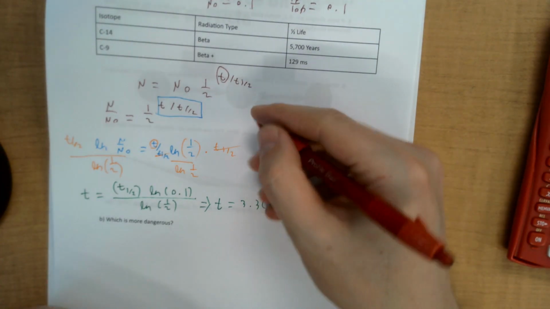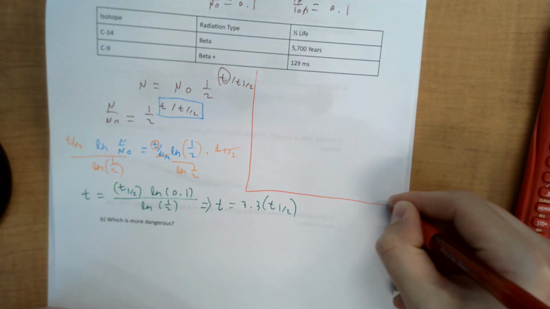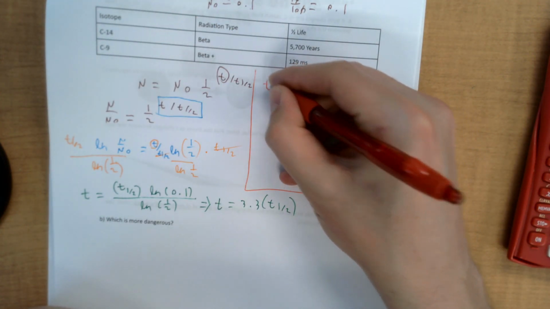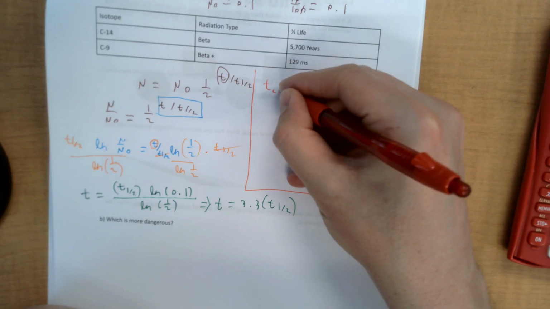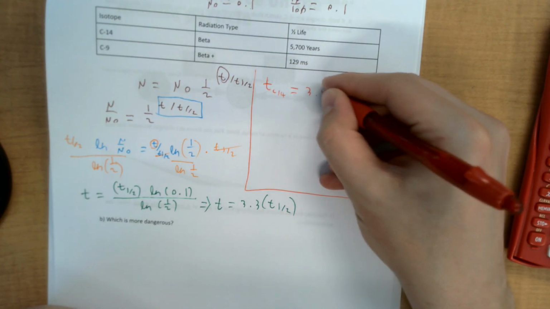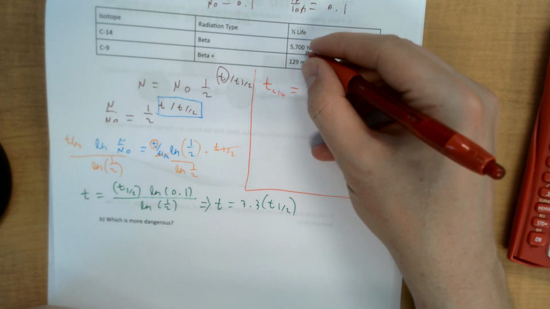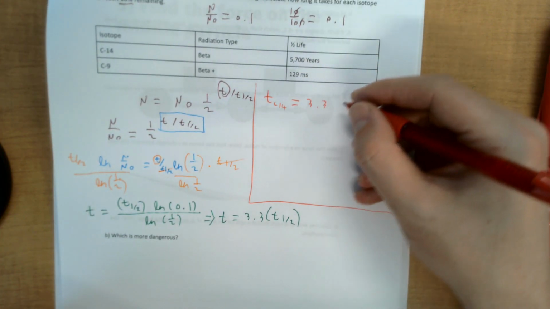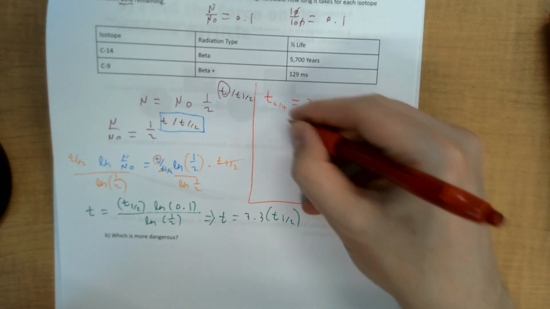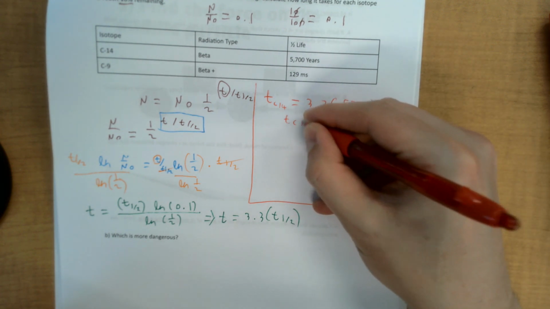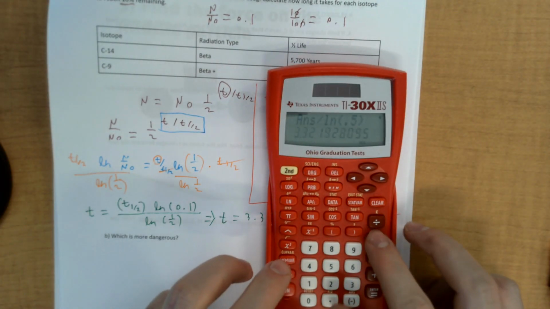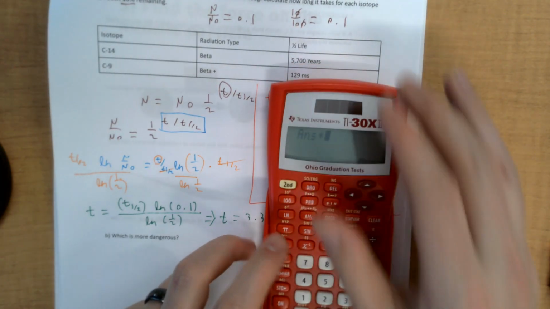So we have two half-lives that we want. Half-life 1 is carbon-14. Carbon-14's time, which I'm going to write as C14, is equal to 3.3 times its half-life, which is 5,700 years.